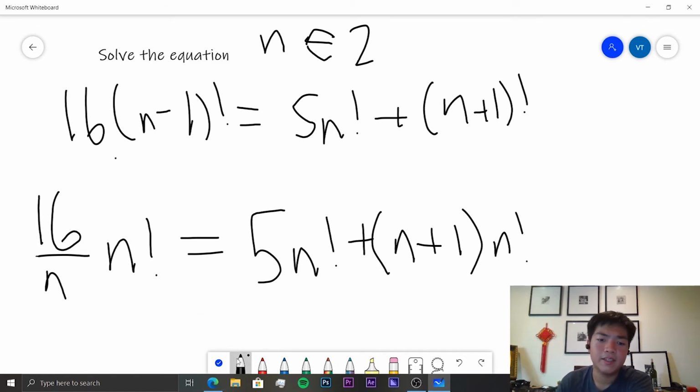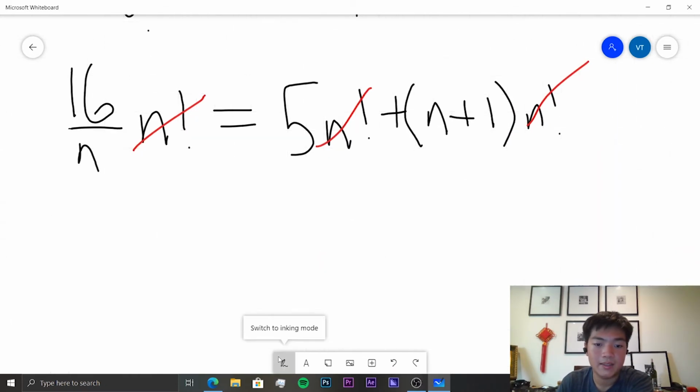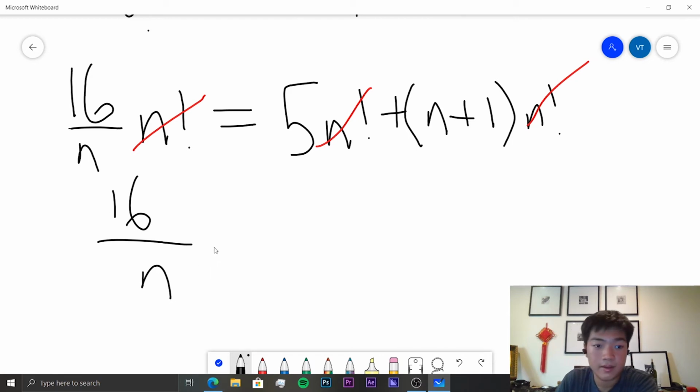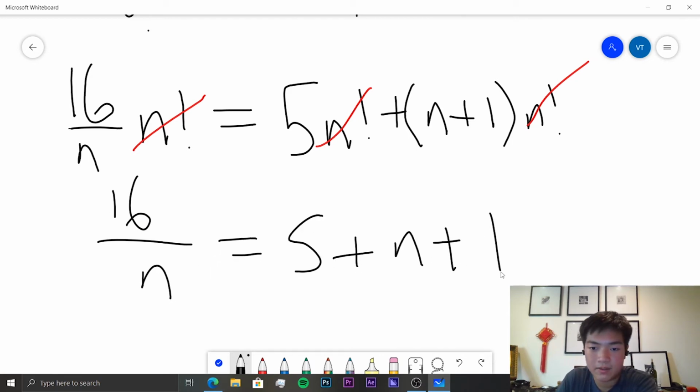From here, we can divide both sides by n factorial, so simply cancel those out, and we get 16 over n is equal to 5 plus n plus 1.